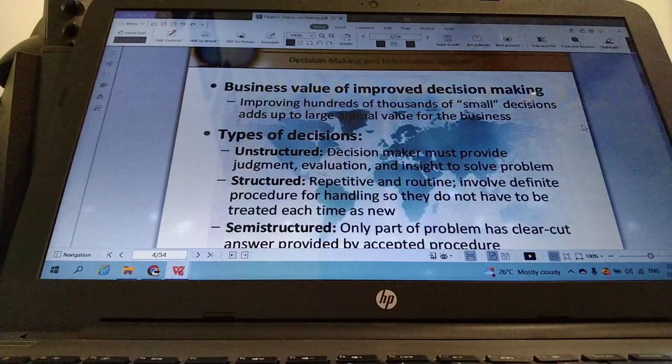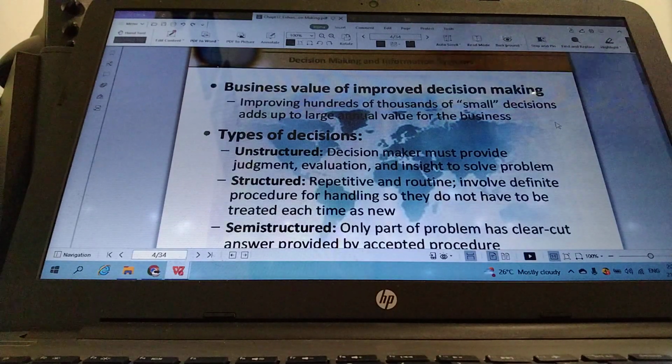Moving on, we're going to look at decision making and information systems, and the value it brings in improving the decision making process. Improving hundreds of thousands of small decisions adds up to a large annual value for business.